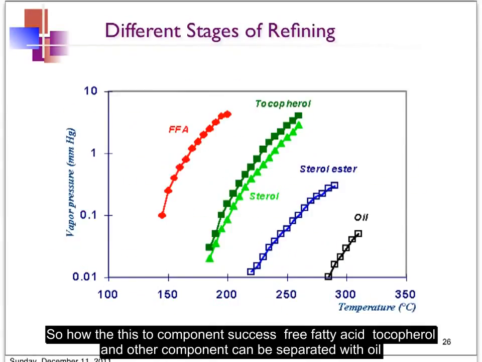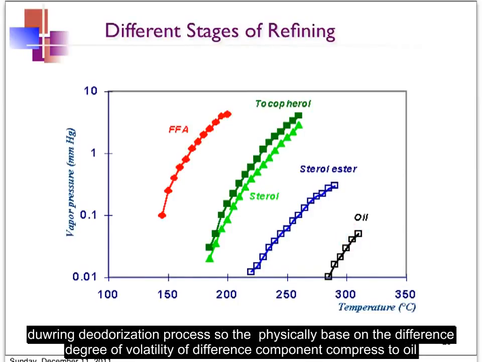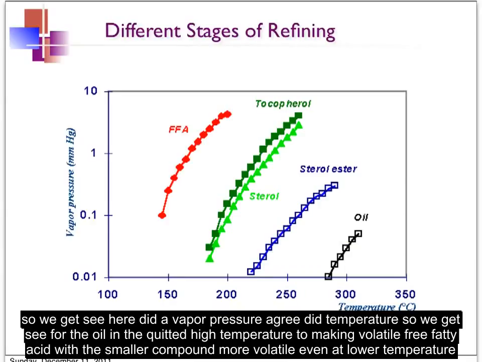So how can these different components such as free fatty acid, tocopherol, and other components be separated from oil during the deodorization process? The principle is actually based on the different degree of volatility of the different components when compared to oil. We can see here a plot of vapor pressure against different temperature.